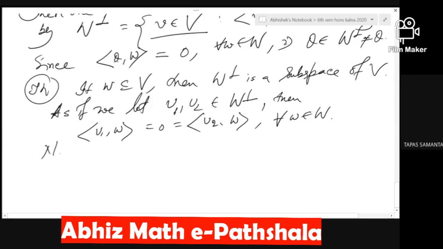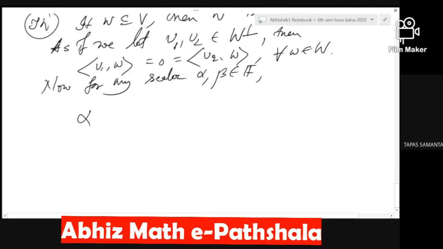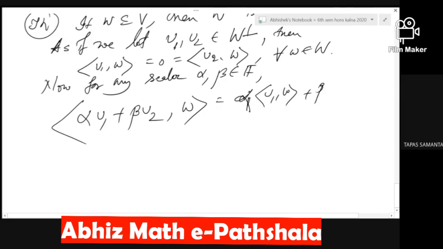And now for any scalars alpha, beta belonging to F, the inner product of alpha V1 plus beta V2 with w equals alpha <V1, w> plus beta <V2, w>.